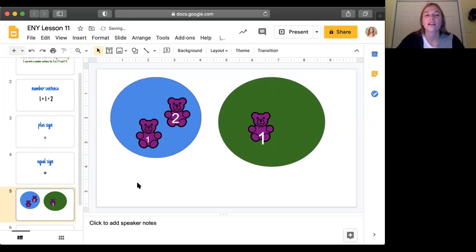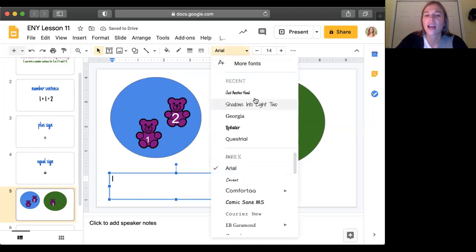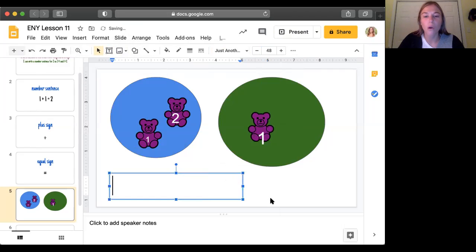So scholars, now I need to write a number sentence. And I remember writing my number sentence that we started with 3 bears.